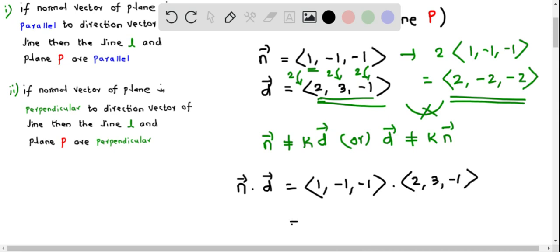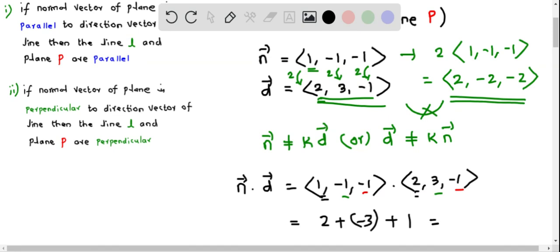We find the corresponding products: 1 multiplied with 2 is 2, plus negative 1 times 3 is negative 3, and then negative 1 times negative 1 is positive 1.